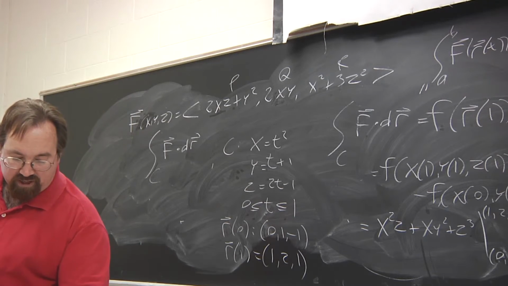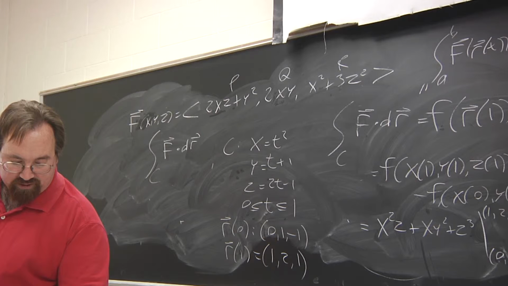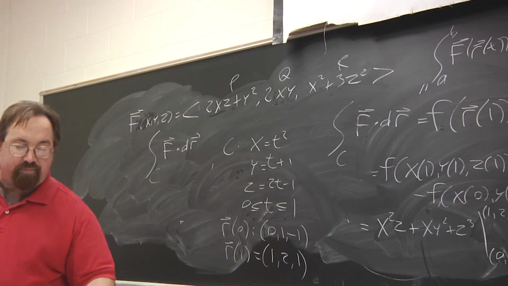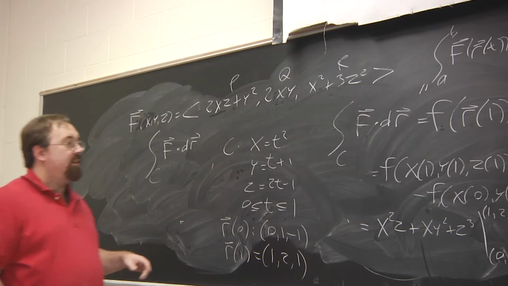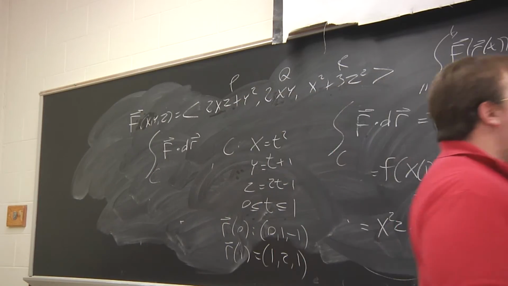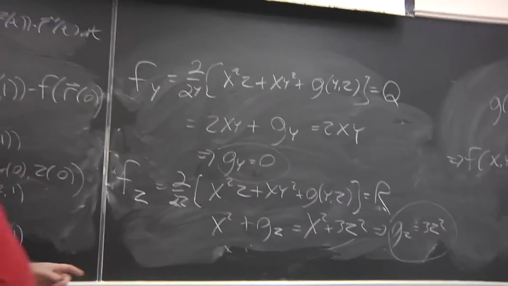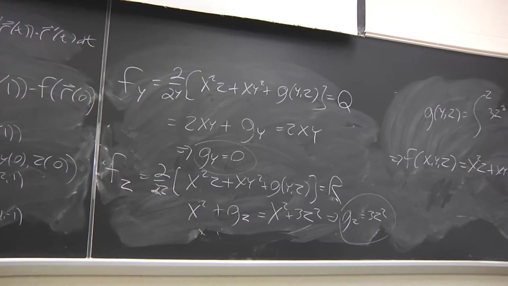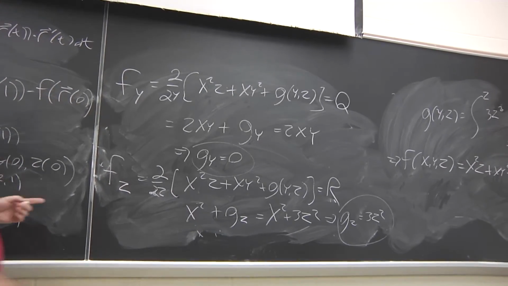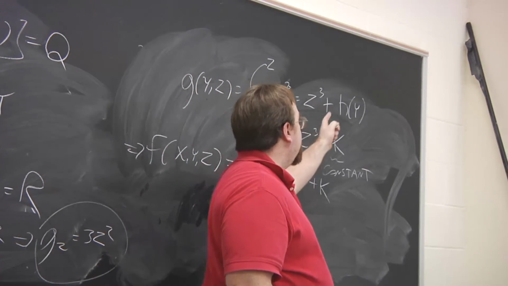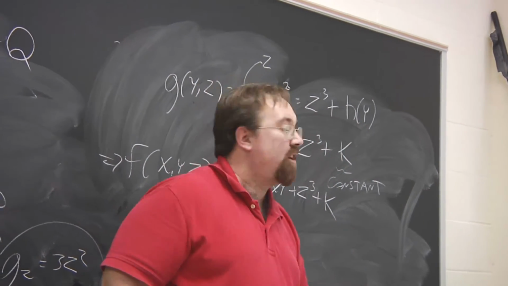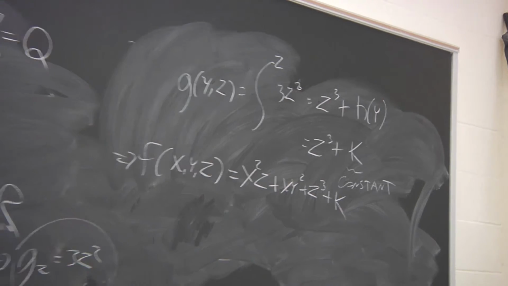So that's something to be careful about. With two variables it's pretty straightforward: anti-differentiating with respect to x, what's left is a function of only y. Whereas in this case, we had a function of y and z that we had to figure out. Then we take that and anti-differentiate with respect to z. What's left can depend on only y because the x dependence is already accounted for.